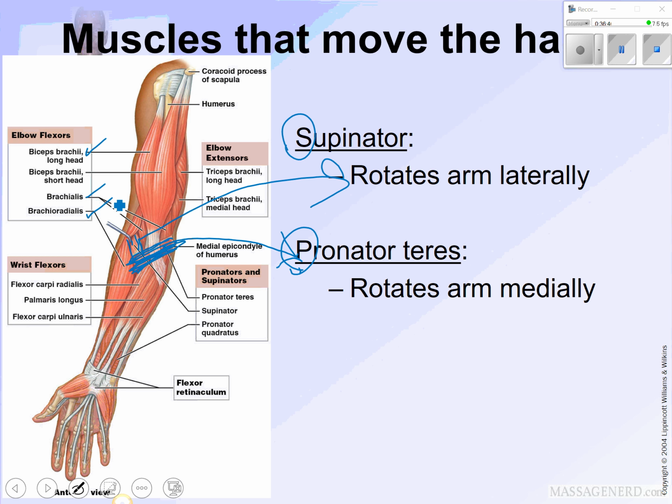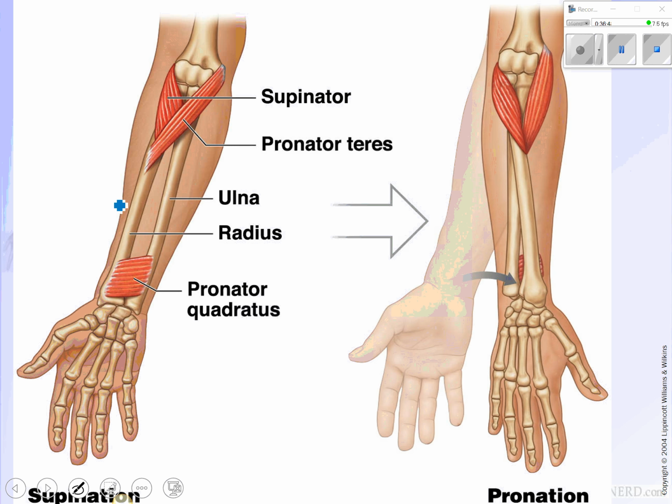Whereas with the supinator, as it shows you here with the supination, you see the palm of the hand, because the supinator is going to rotate the arm laterally. And with pronation, the hand goes medially towards the body, so that puts it where you see the back of the hand.